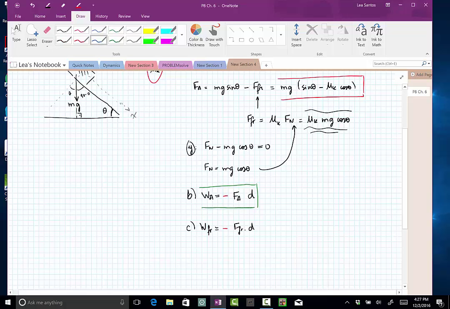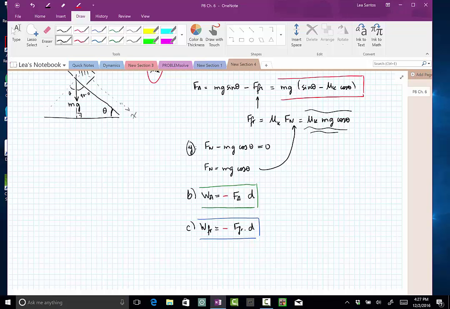All right, let's now see what is the next question, and this one now is the work done by the force of gravity. The component of the force of gravity that slides this object down is in the direction of the motion. So this one will be positive.